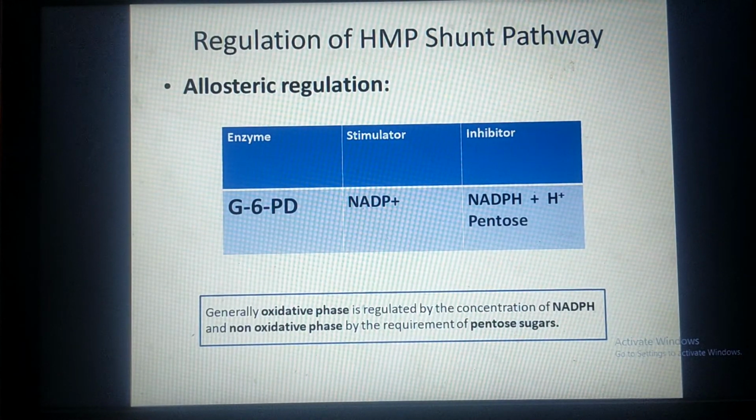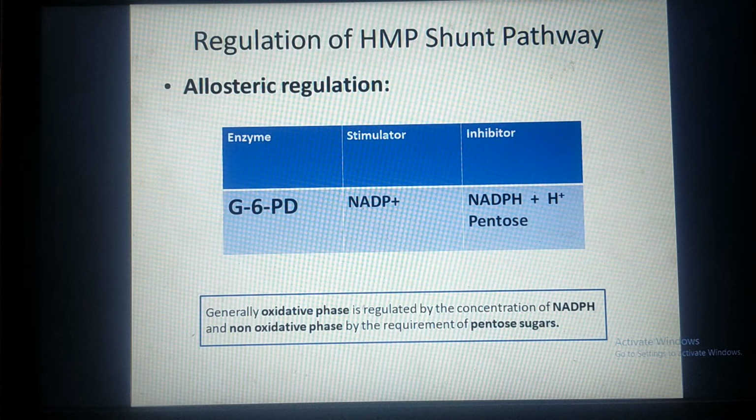After hormonal regulation, come to the allosteric regulation. The stimulator of the enzyme G6PD is NADP. When the NADP level is more, then it stimulates glucose 6-phosphate dehydrogenase, so that NADP is utilized and gets converted into NADPH.